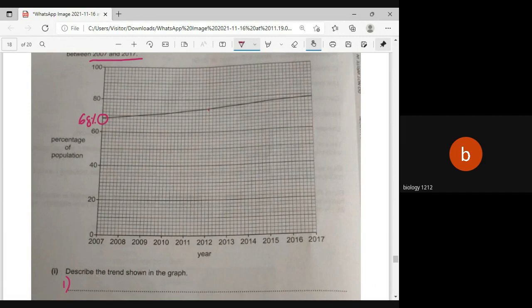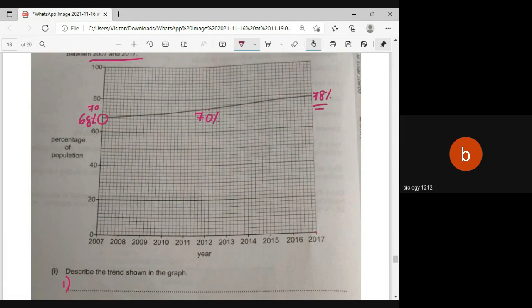Go for 2012, where we have 70% of the population. From 2012 to 2017 the population size is increasing and it reaches 78%. So this is your first point, that is 2007 to 2012.